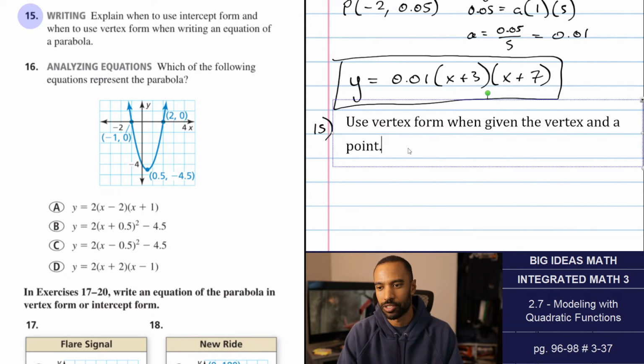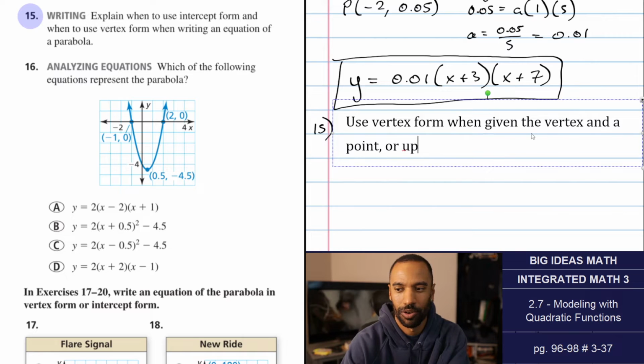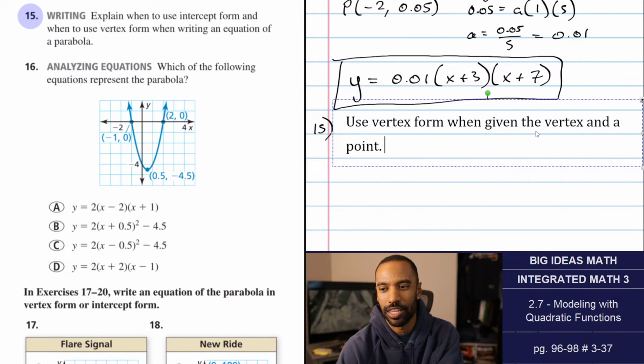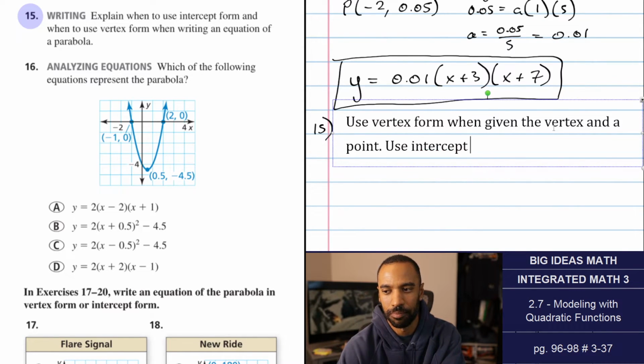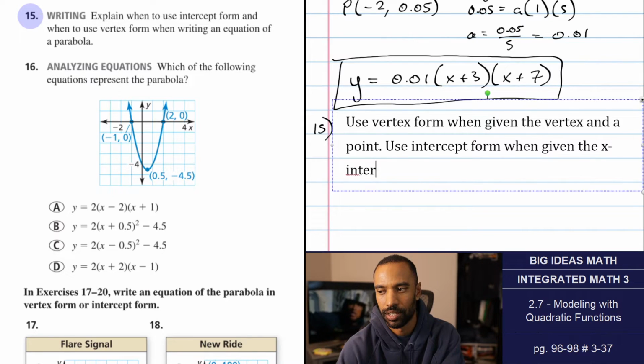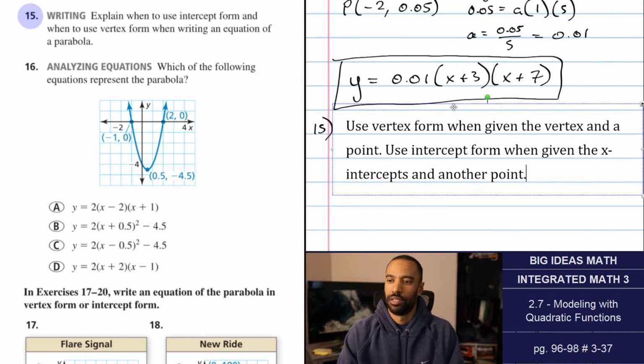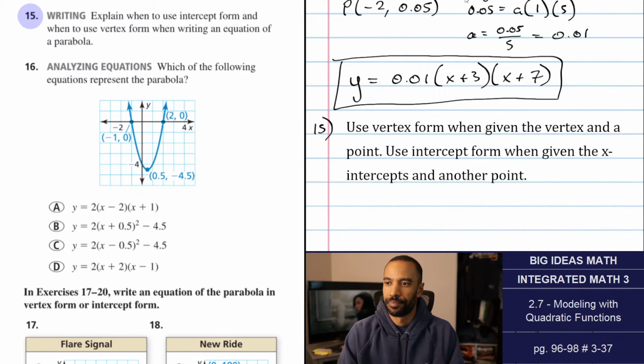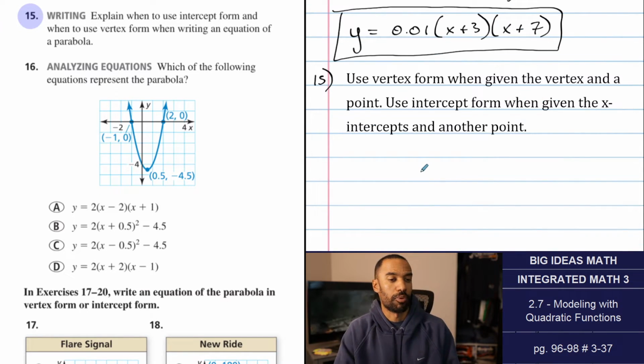They just forced it on us. Or when requested, or upon request. No, that's a joke. Use intercept form or factored form when given the x-intercepts and another point. So yeah, that was the same part as the beginning of our lecture portion as well.